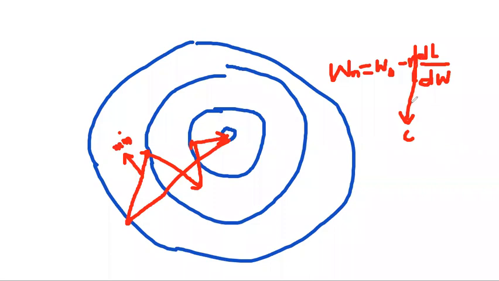The main motto of this approach is: what happens if you consider different learning rates for different parameters, different neurons, to update these weights?